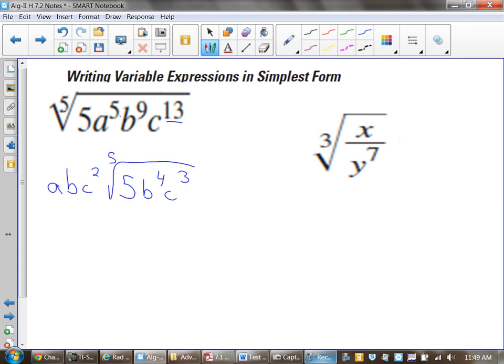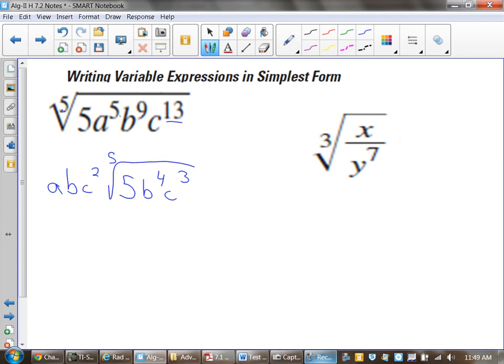In the other one, you've got to do a little bit more work. We cannot wind up with a radical within the denominator, so we have to figure out how to create that y to the 7th into something that 3 goes into. What you're asking yourself is, what's the next number after 7 that 3 goes into cleanly? 9.